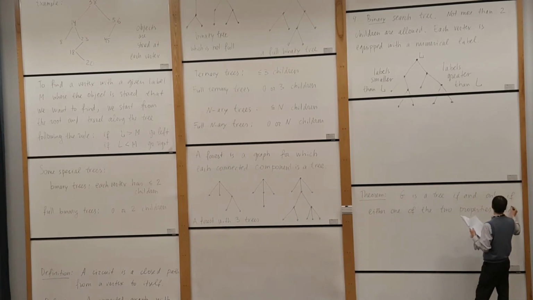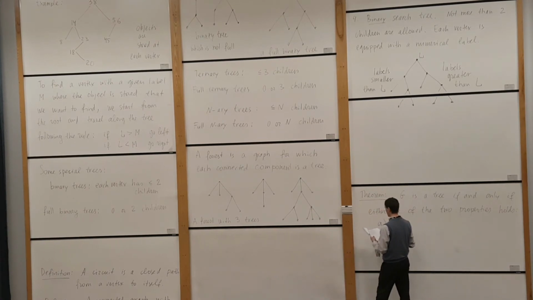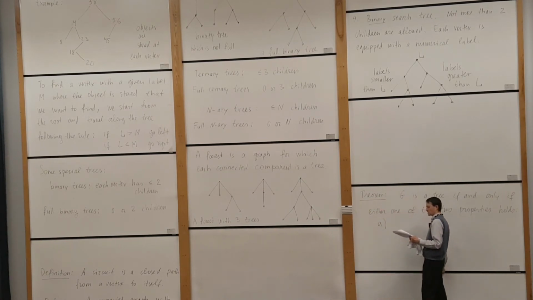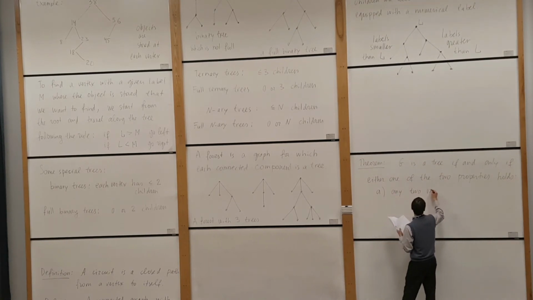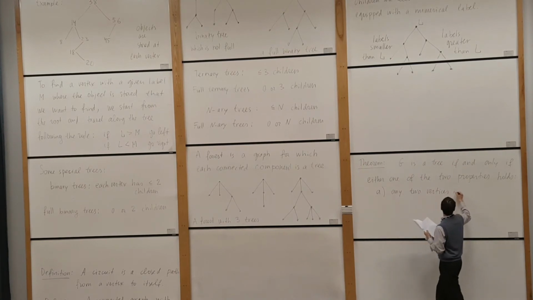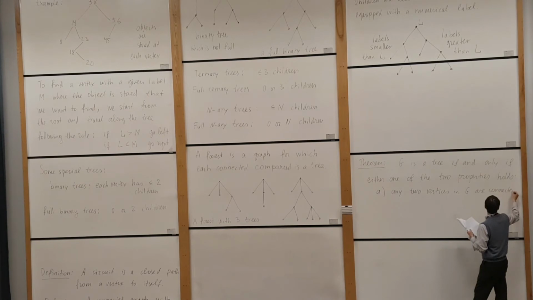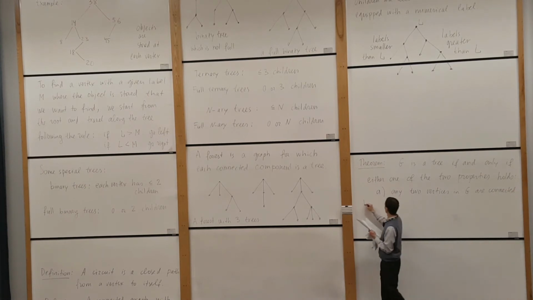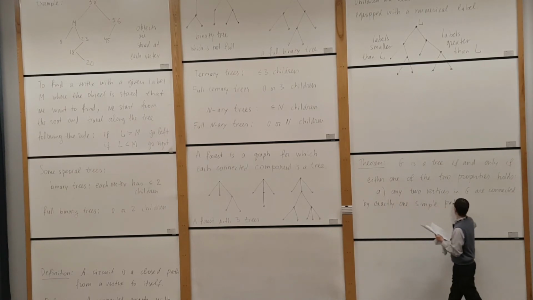And the first one, property A, is any 2 vertices are connected by exactly one simple path. Any 2 vertices in G are connected by exactly one simple path.